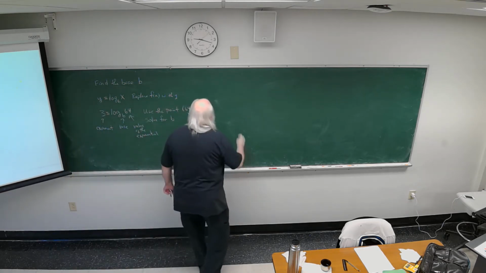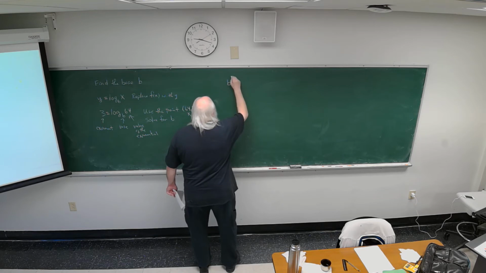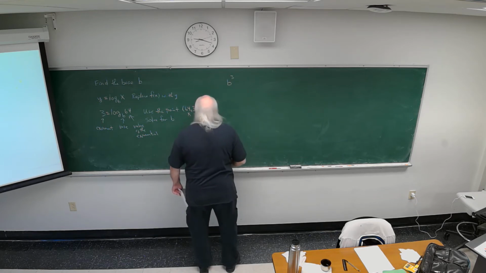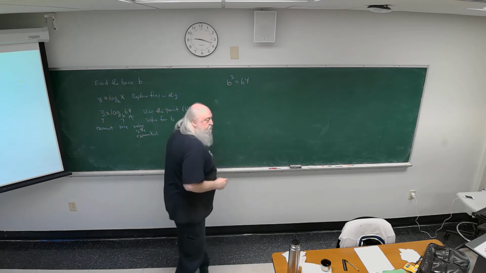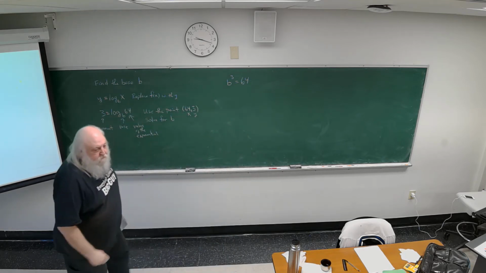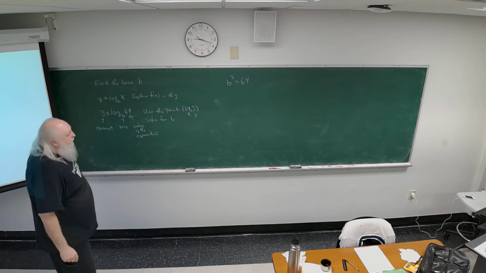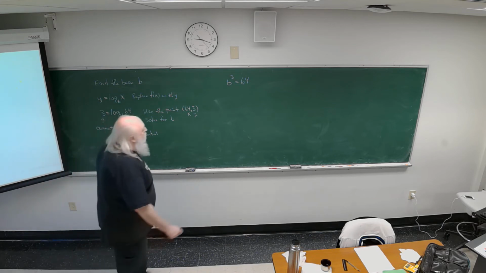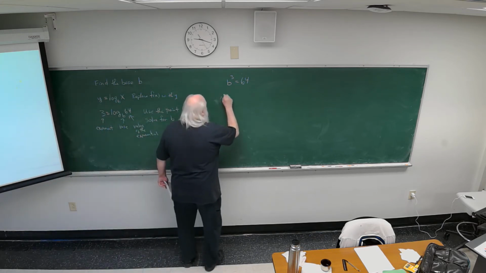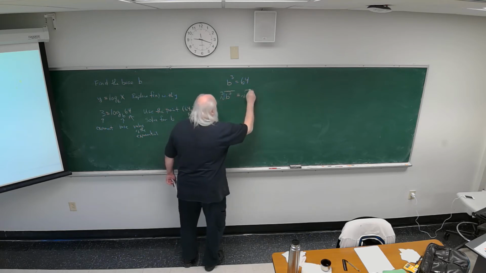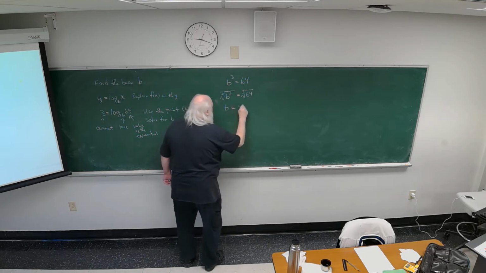So we have the base b raised to the exponent 3 has to equal the value of the exponential 64. So b cubed has to equal 64. So we take the cube root of both sides, and we get b is equal to 4.